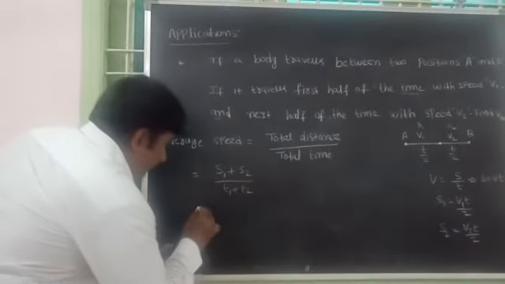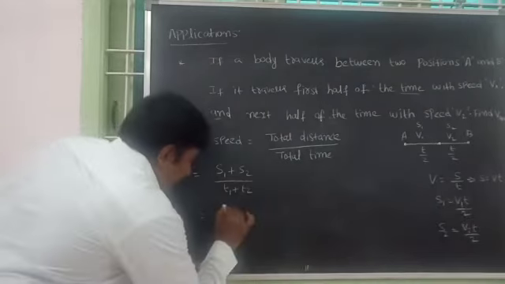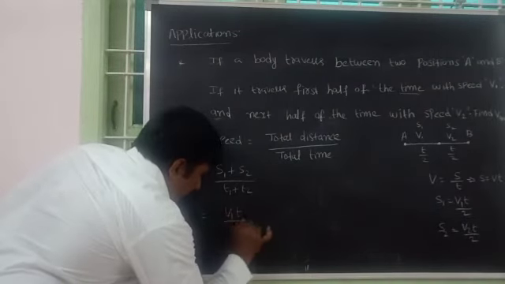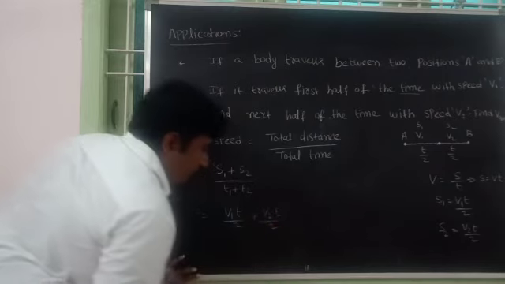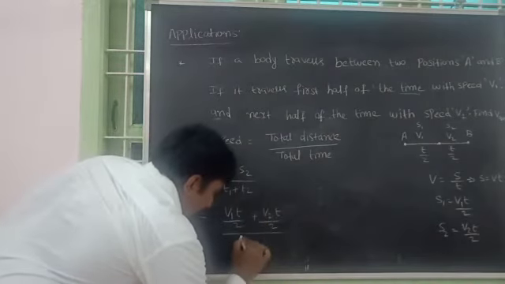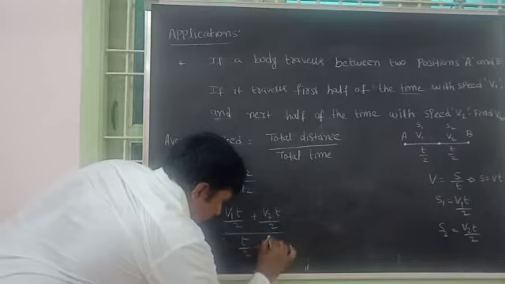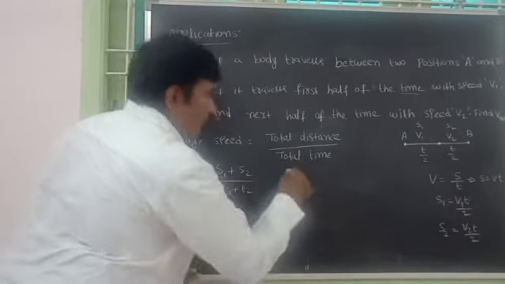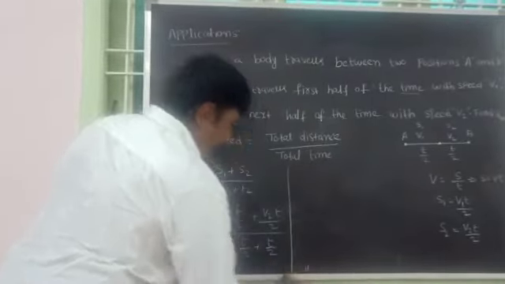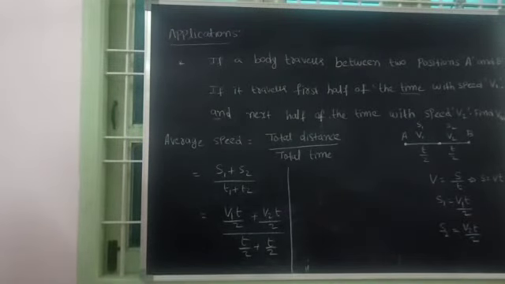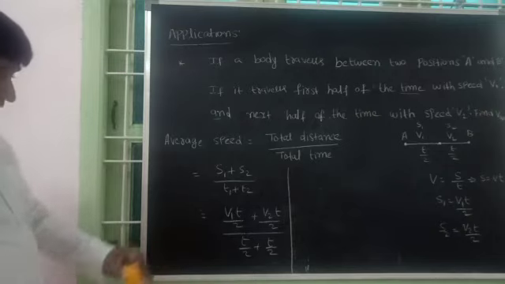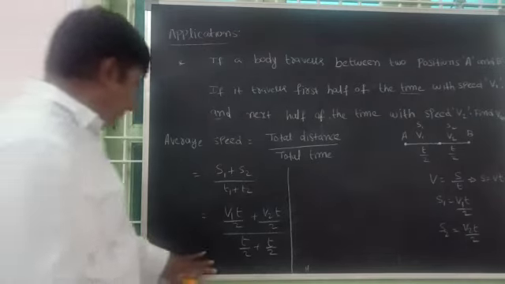So I can substitute s1 as v1 t by 2 plus v2 t by 2, by t by 2 plus t by 2. With the help of this, I can take t by 2 as common.